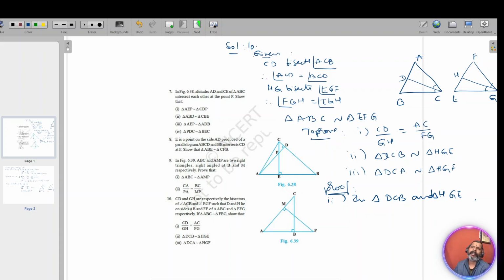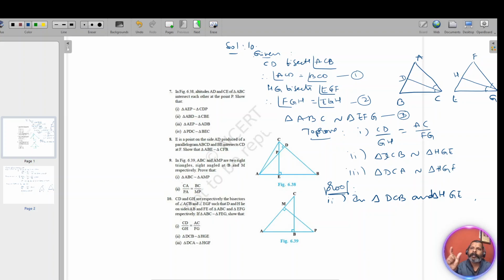Observe DCB and HGE. We know angle C and G are equal because the similarity is given, right? This I'll call 1. Otherwise, I'll call this 1, this 2 and this 3.